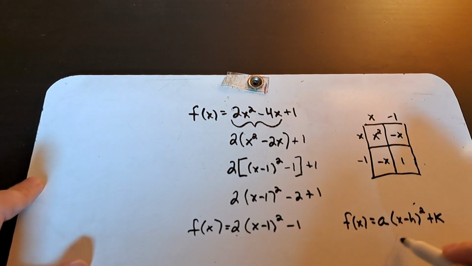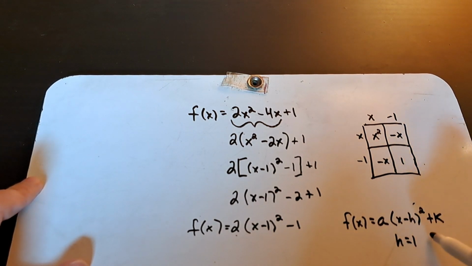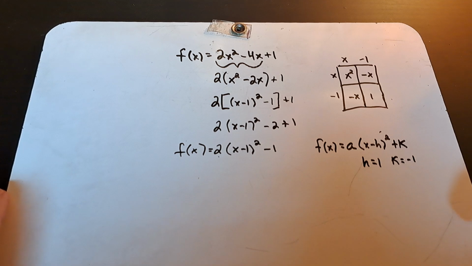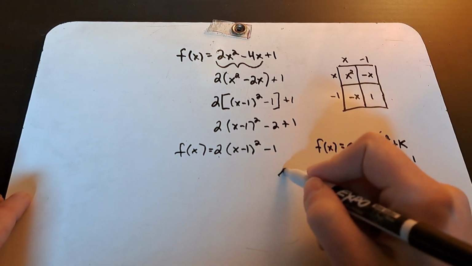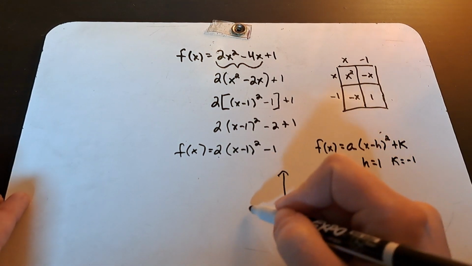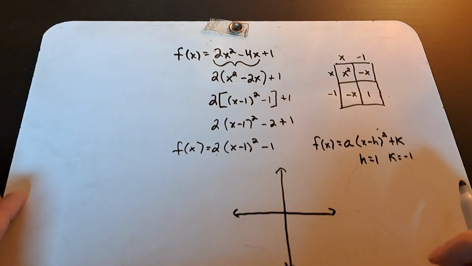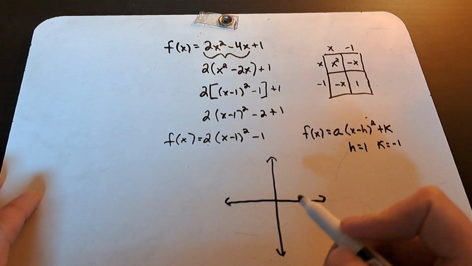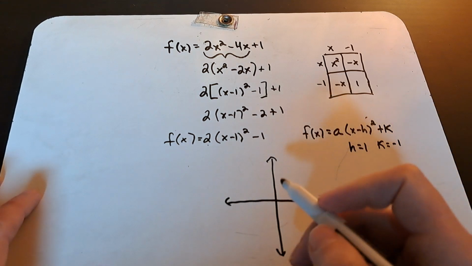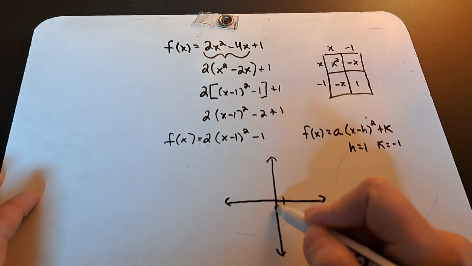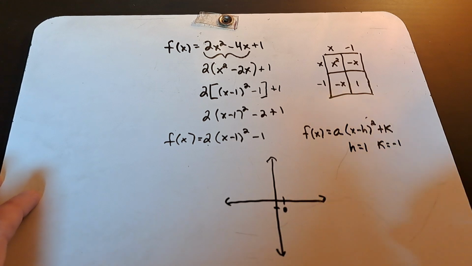So, if h is equal to 1 and k is equal to negative 1, well, if I go to graph this thing, the vertex of this function is going to be at x equals 1 and y equals negative 1.